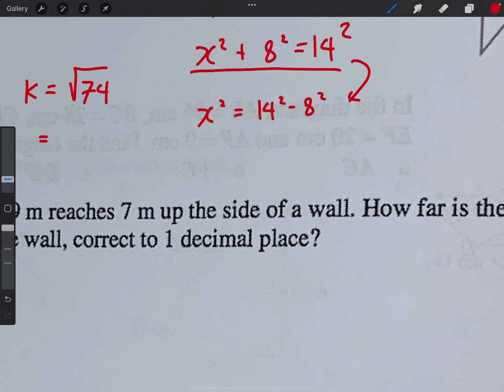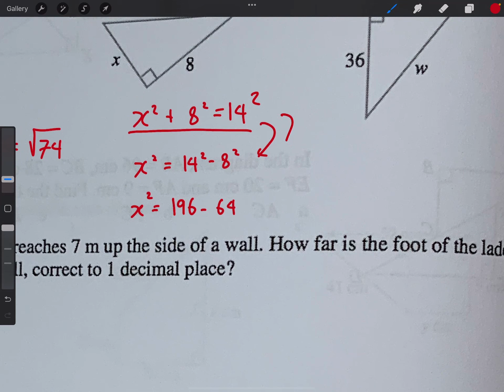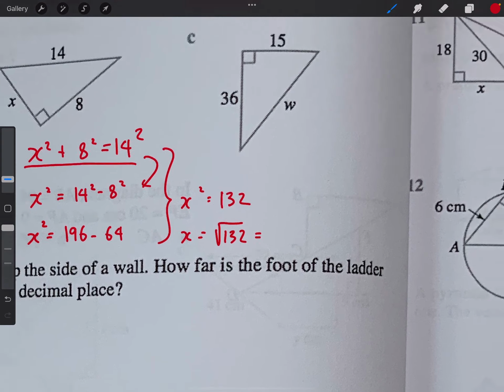So anyway, x squared is equal to 196 minus 64. And this is x squared, not x, sorry. So x squared is equal to 132. Therefore x is equal to the square root of 132, and get the answer on your calculator to one decimal place.